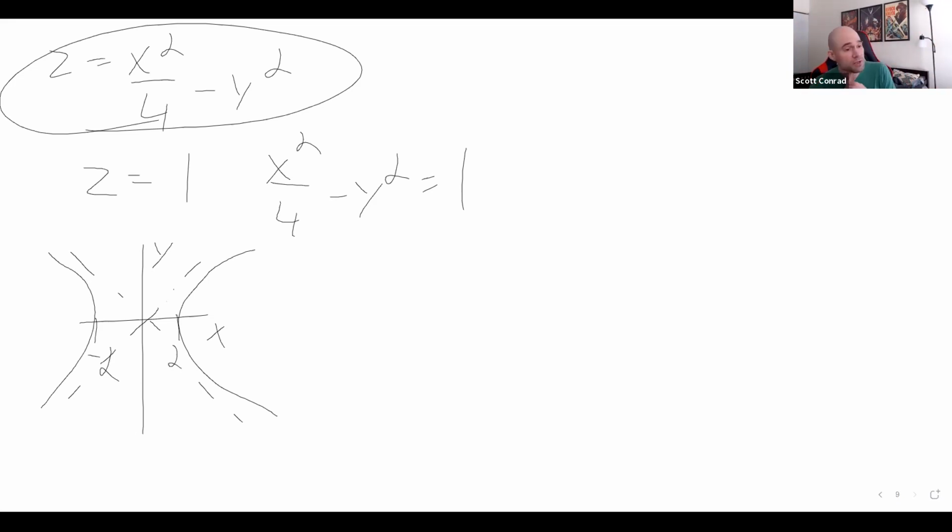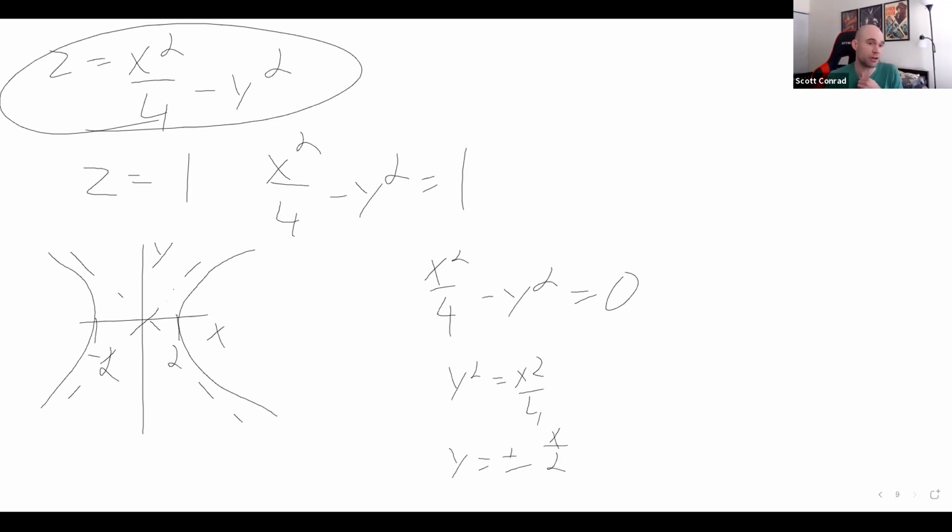No, so the asymptotes would actually be, so what happens to get the asymptotes is instead of x squared over 4 minus y squared equals 1, you look at x squared over 4 minus y squared equals 0. So this is not that important because, like I said, we're not going to get out the ruler to check your slope. But to see what you actually get, you'd get y squared equals x squared over 4, or in other words, y equals plus or minus x over 2.